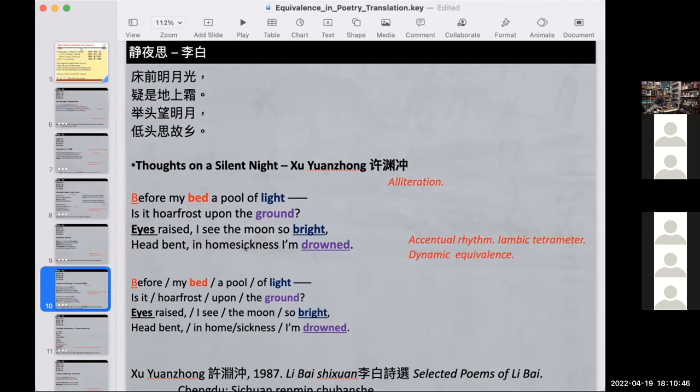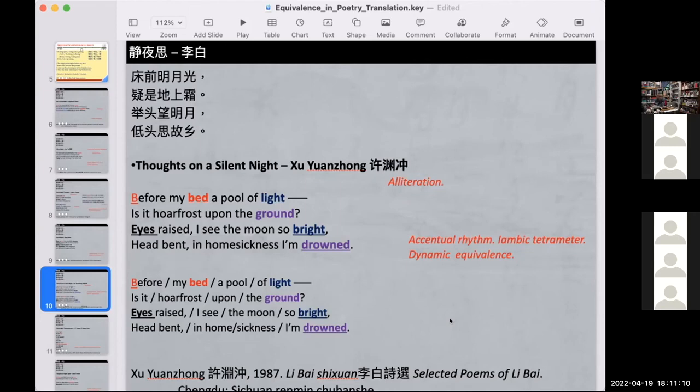But now he follows a completely different approach, different methods. If we read it: before my bed, a pool of light. Is it hoar frost upon the ground? Eyes raised, I see the moon so bright. Head bent in homesickness, I'm drowned.